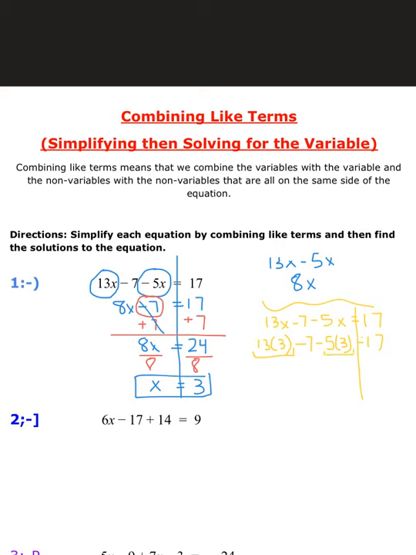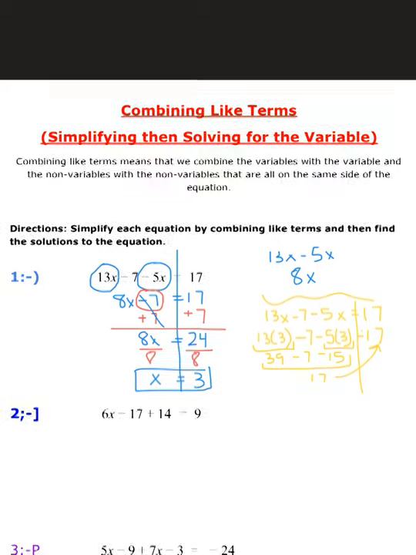Use order of operations, or type the whole thing in the calculator if you have that option. So 13 times 3 is 39. I'll bring down the minus 7. Now negative 5 times 3, that's negative 15. And I would work all of this out, and it would give me 17. So 17 equals 17, so that checks out. So my answer of x equals 3 is correct.